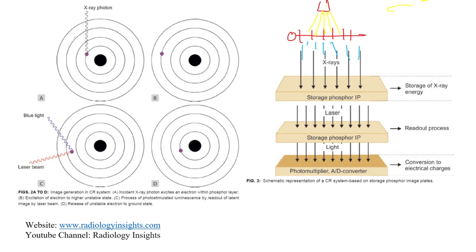Once the X-rays reach the storage phosphor, they are focused onto the storage phosphor. Now these X-rays transfer their energy to the electron. So the electron in the lower energy state acquires the energy from the X-ray photon, and it gets excited. Once it gets excited, it goes to the higher energy state.